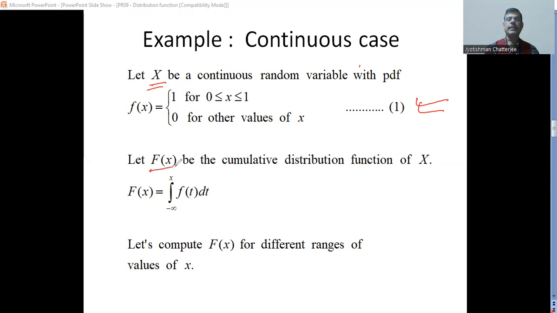Then the CDF of capital X is given by this formula we have already seen. So if we can compute this integration for different values of small x, then our job will be done. So let's compute capital F of x for different ranges of values of small x.